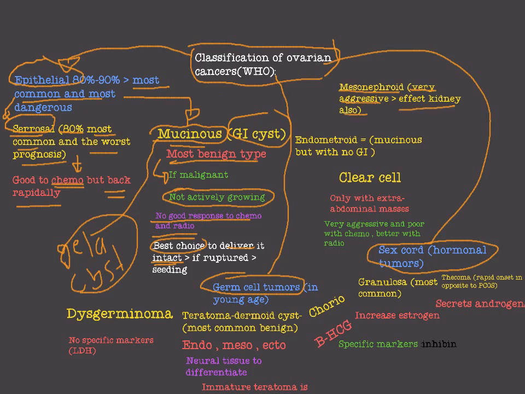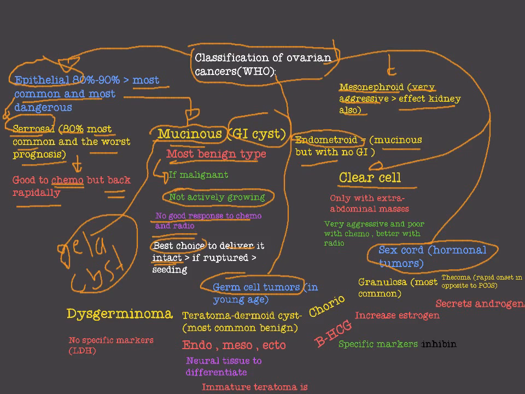After mesonephroid type, we move to endometrioid type. It is just like mucinous, but with no GI association. Just like mucinous cancer of the ovary. So serous, mucinous, mesonephroid, endometrioid, and the last subtype of the epithelial type cancer is clear cell carcinoma.